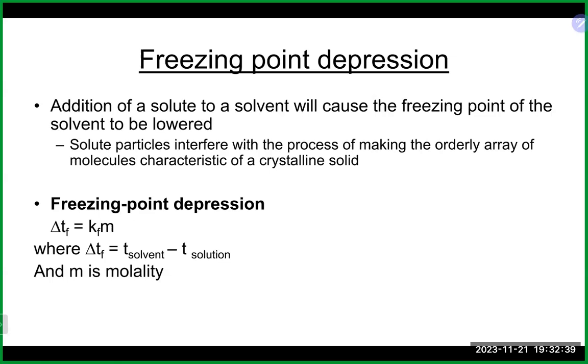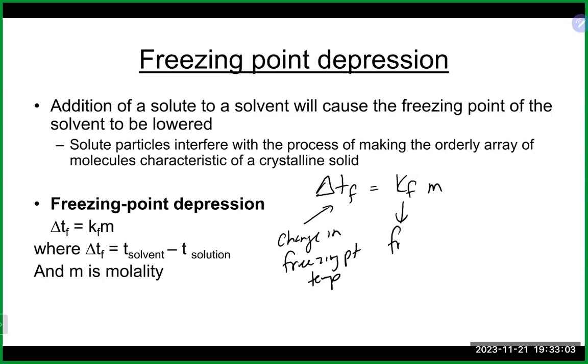And we do have a freezing point depression equation. The change in the freezing point temperature is equal to Kf times m. So this is our change in freezing point temperature.